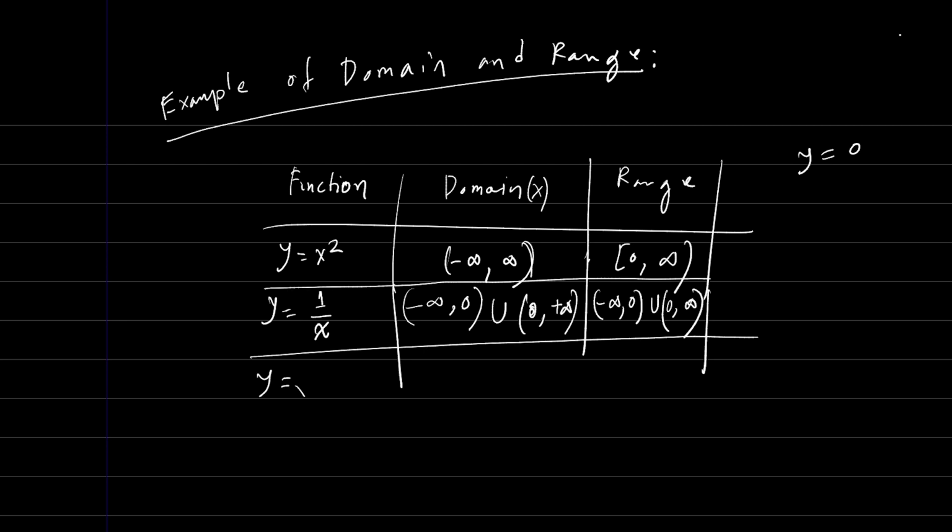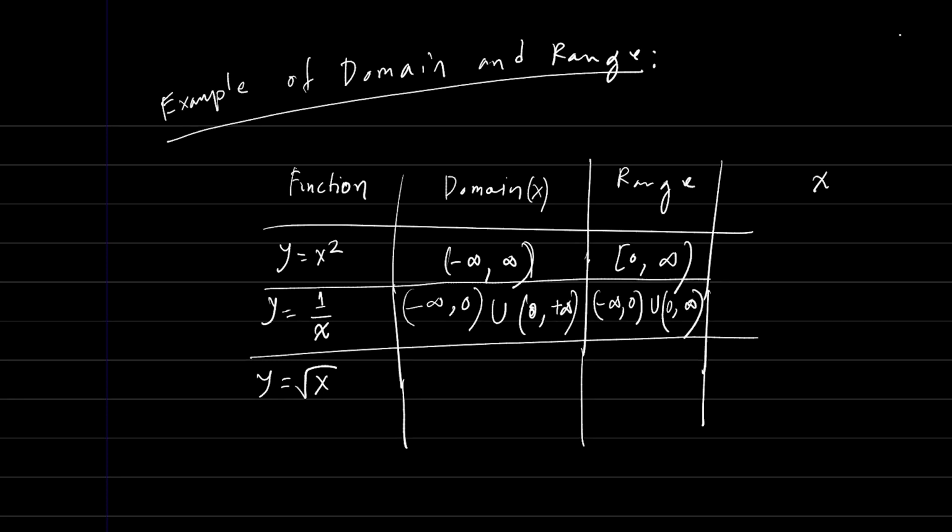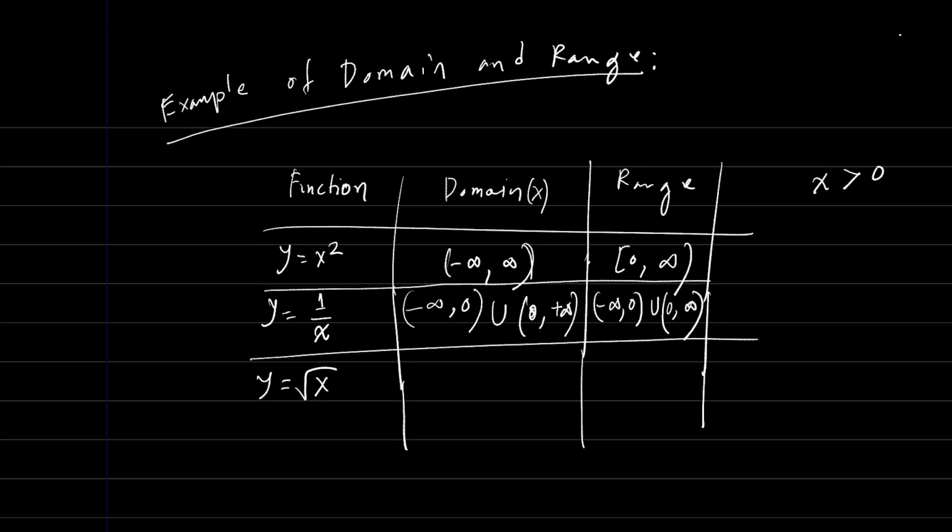What about y is equal to square root of x? We know that for square root of x, we cannot have a negative number, so x has to be positive or greater than 0, but 0 can be included.